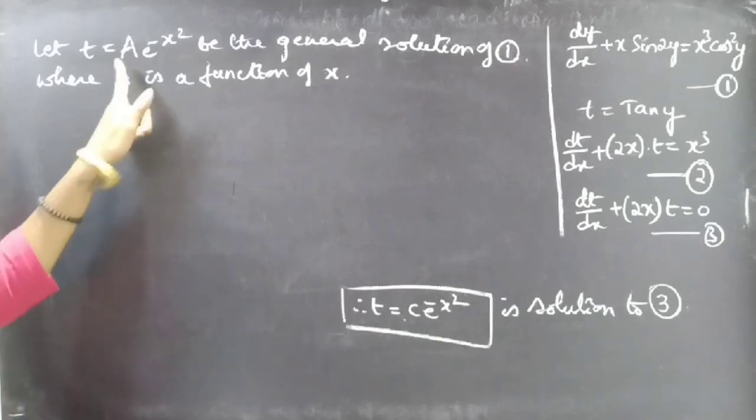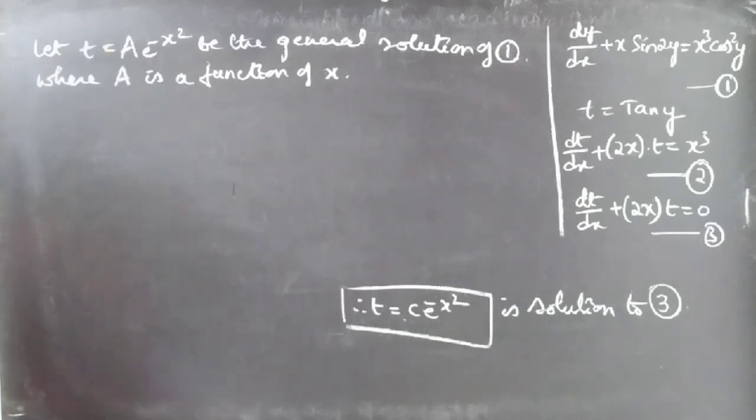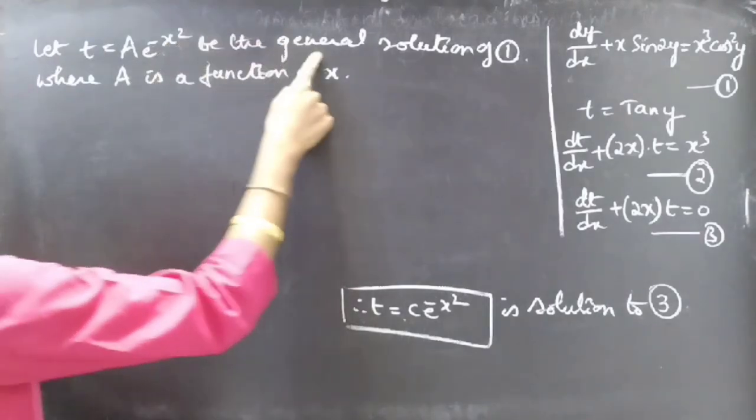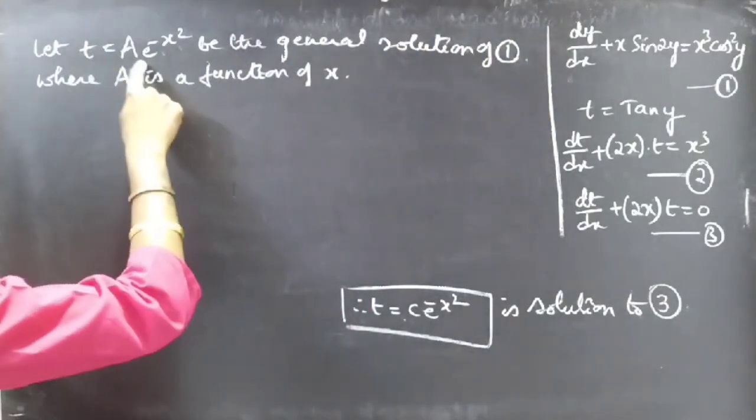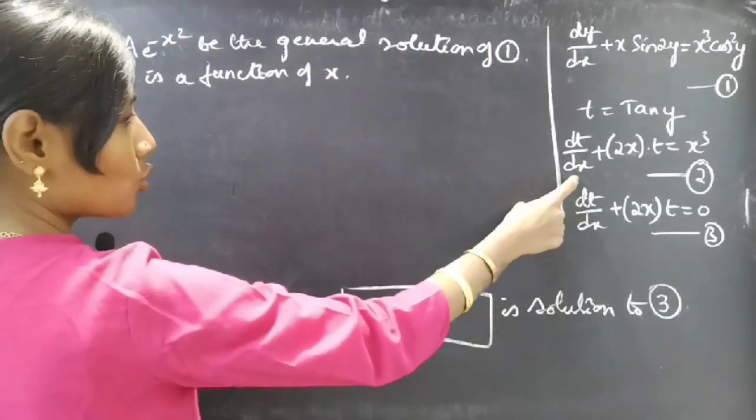So here we need to find a. So a e power minus x square is the general solution of 1. T equals to a e power minus x square is the solution of 2.